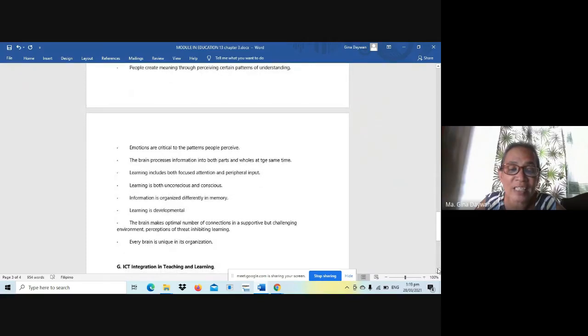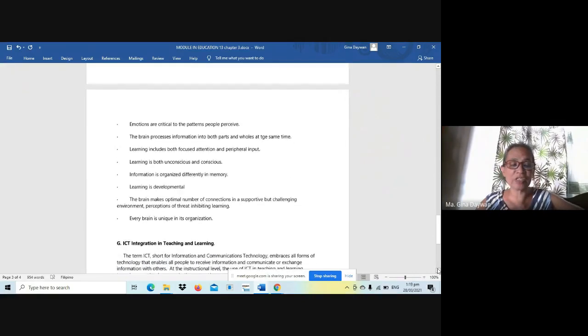Information is organized differently in memory, and learning is developmental. So the brain makes an optimal number of connections in a supportive but challenging environment. Perception of threat inhibits learning, and every brain is unique in its organization.